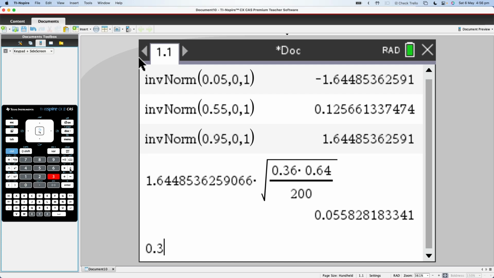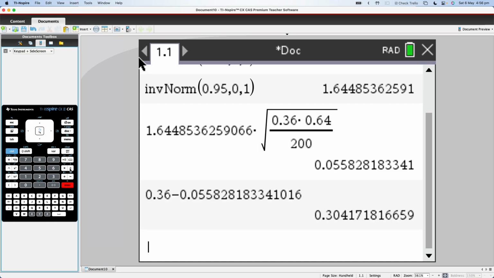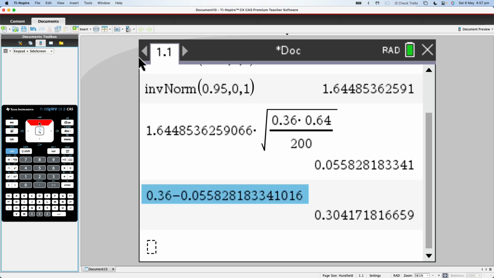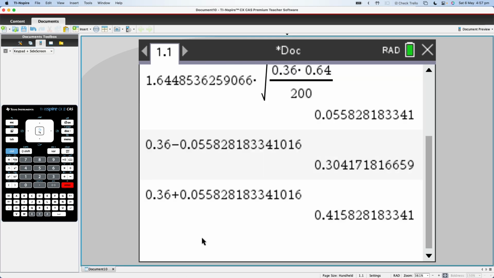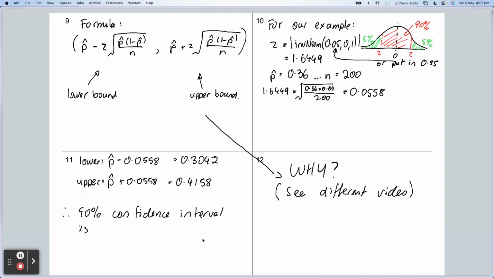So 0.36 is our p-hat value, and I subtract that, and I get 0.3042. And then I'm going to be a little bit smart and use my up arrow key to grab that value again and change it to a plus. And I get my upper bound value of 0.4158. I'll flick over now so you can see I've written those down.